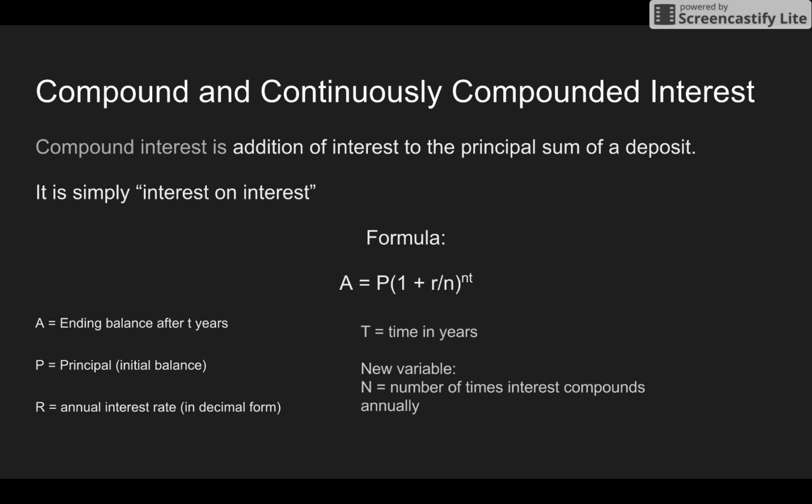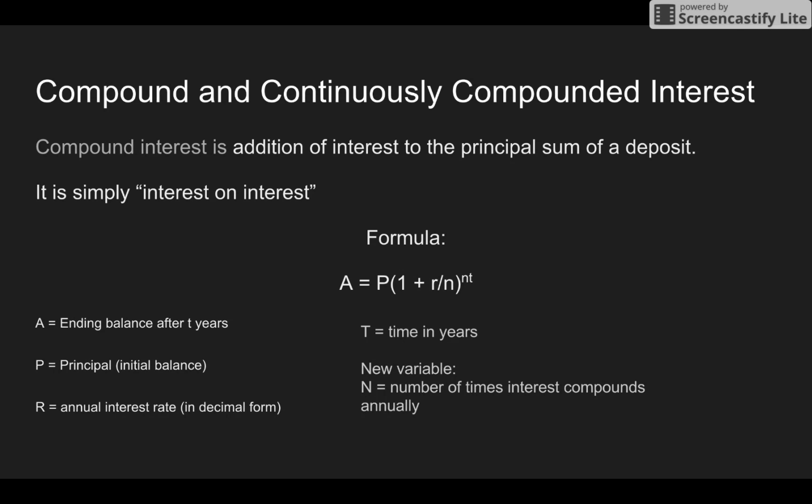Compounded and continuously compounded interest. Compound interest is addition of interest to the principal sum of a deposit. It is simply interest on interest. The formula for compound interest is A equals P times 1 plus R divided by N to the power of N times T, where A is the ending balance after T years, P is the principal or initial balance, R is the annual interest rate in decimal form, and T is the time in years.